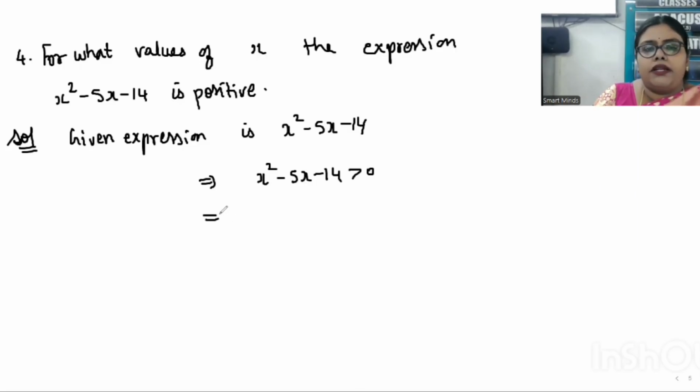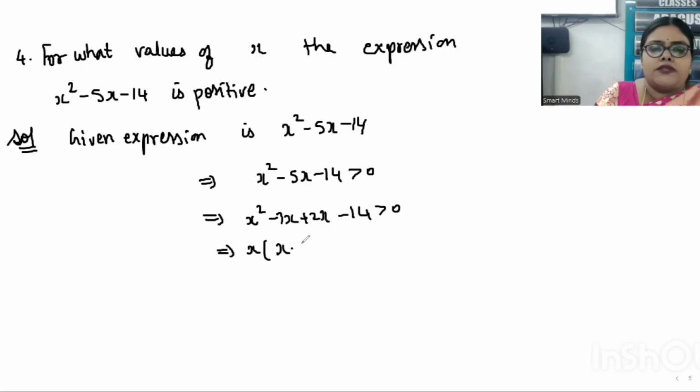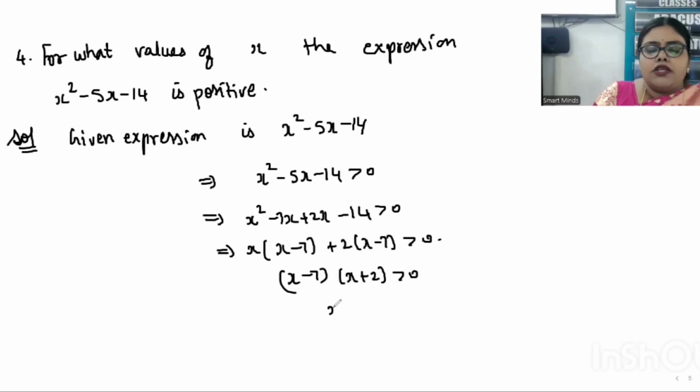Now split the middle term. So x square minus 7x plus 2x minus 14 greater than 0. Take x common, x minus 7, plus 2 common, x minus 7, greater than 0. So x minus 7 into x plus 2 greater than 0. So x values are 7, comma, minus 2.